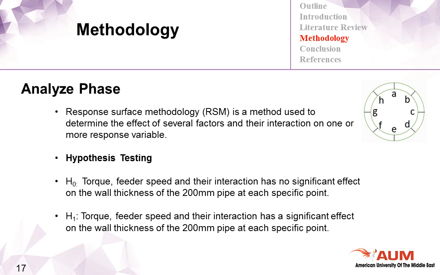Therefore, to understand whether these 2 factors and their interaction significantly affect the points on the wall thickness, we decided to use response surface methodology to check this, and we used the previous data seen on slide 13 from Minitab to do this.